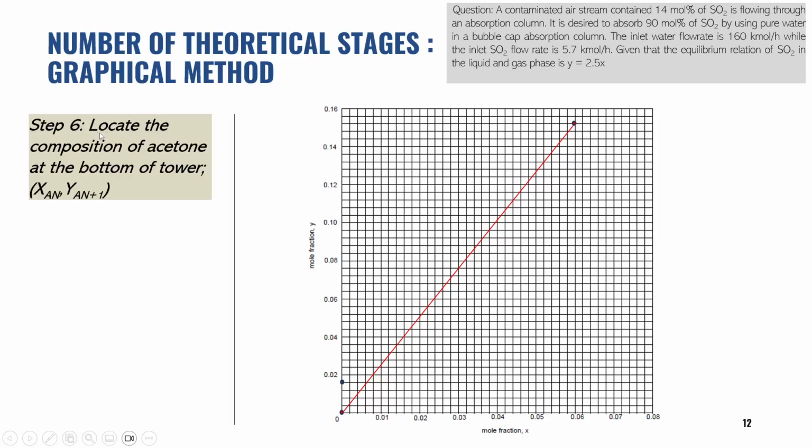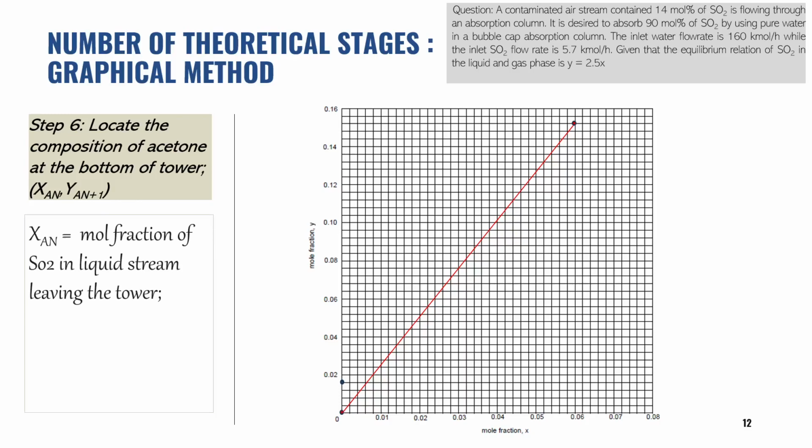The next one is we need to locate the compositions of acetone at the bottom of the tower, XAN and YAN plus 1. XAN is the mole fraction of SO2 in the liquid stream leaving the tower, which is 90% of 14 mole percent, which is 90% of 5.7 over 90% of it plus 160 kilomole per hour, which is 0.031.